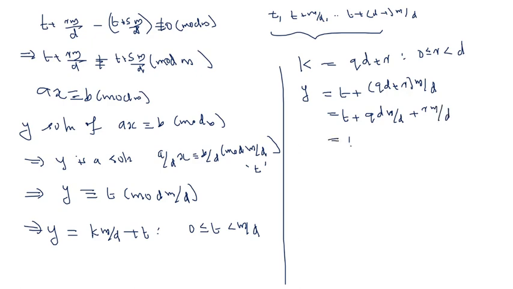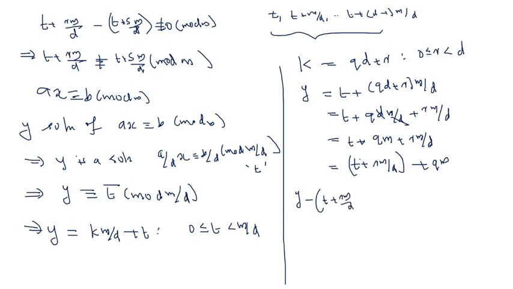That is t plus qm plus r times m by d, that is t plus r times m by d plus qm, or we can rewrite it as y minus (t plus r times m by d) is equal to qm.